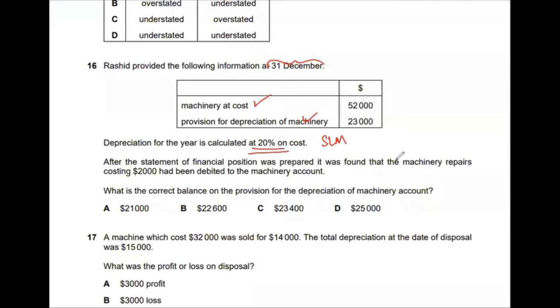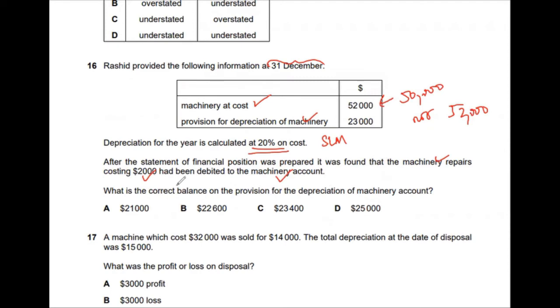This is not written here, but I think 20% on cost can be a safe assumption. After the statement of financial position was prepared, it was found that the machinery repairs costing 2,000 had been debited to the machinery account. So that means this should actually be 50,000 and not 52,000.